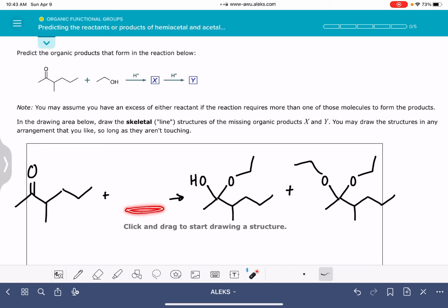The way we're going to come up with the structure of the alcohol is that we're going to focus on the acetal group. Notice I'm going straight to the end out here. We know that this molecule, whatever it is, is an alcohol, which means it has to have that OH group, and it has a carbon chain that matches the carbon chain attached to the oxygens of the acetal.